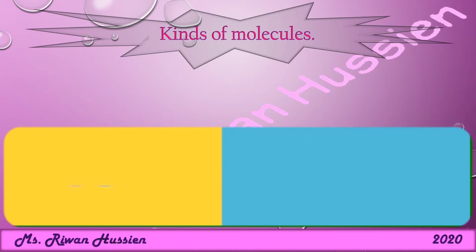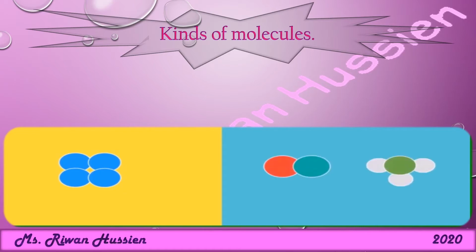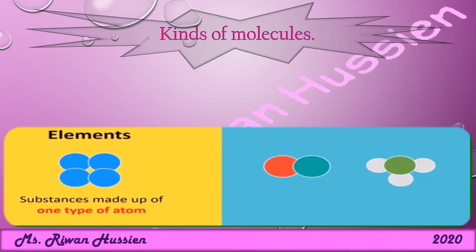Similarly, many things around us contain only one type of atoms, while others are made up of two or more different atoms. So, substances that are made up of only one type of atom are called elements.